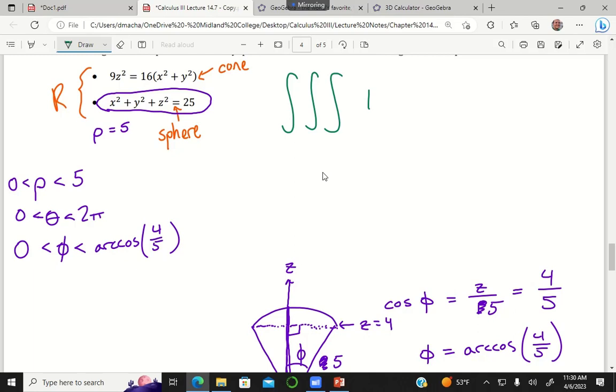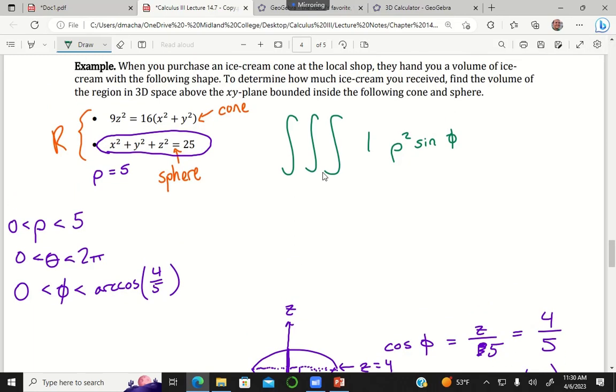Now I am going to pick up a rho squared and a sine of phi, because that's what you have to do if you convert from rectangular to spherical coordinates. And then after that, I have to figure out how I want to do this in terms of order of integration. And it doesn't really matter. We can try something, and if it doesn't work, then we can try something else.